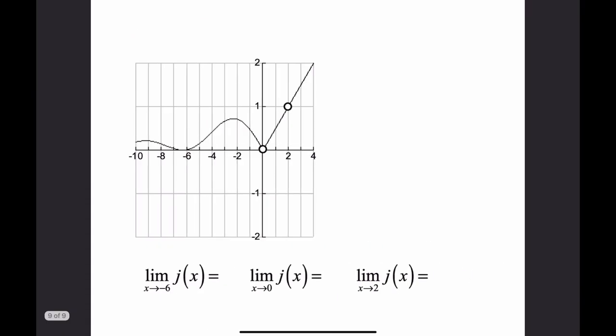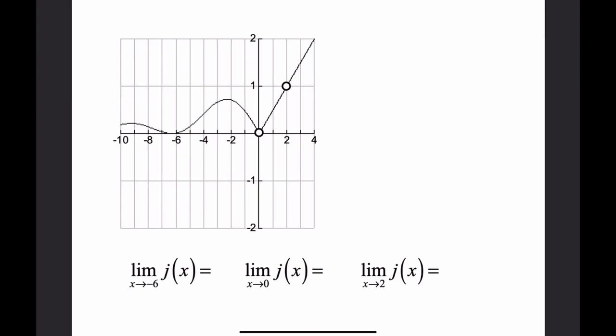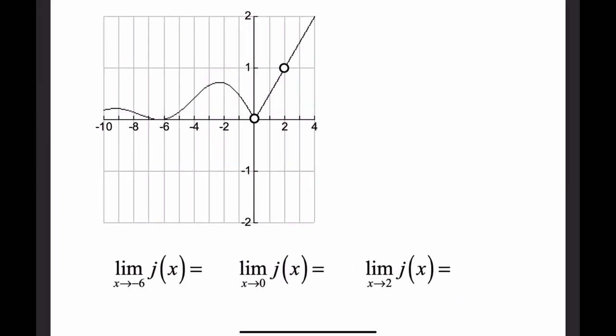Alrighty. So I highly encourage you to try this one out on your own. I know that if I observe the limit of j of x, as x approaches -6, from the left side and the right side, they both match up at 0. The y value is 0.